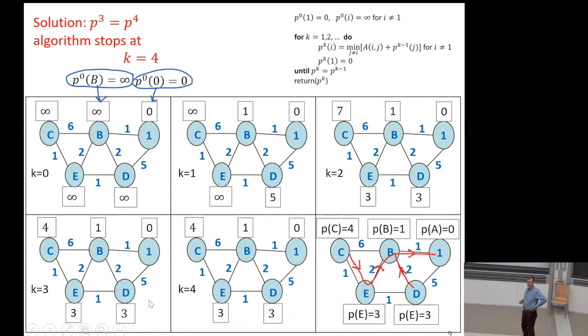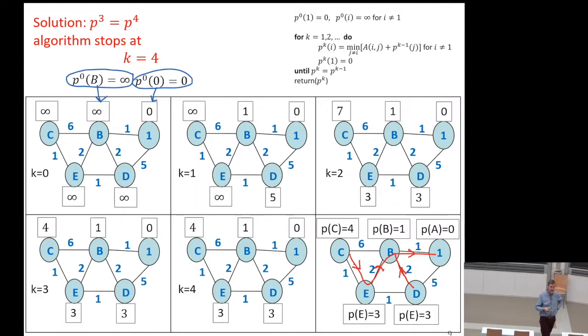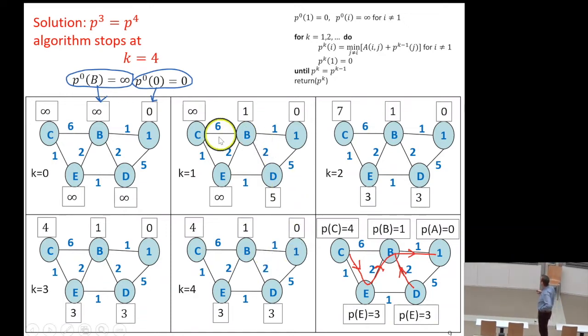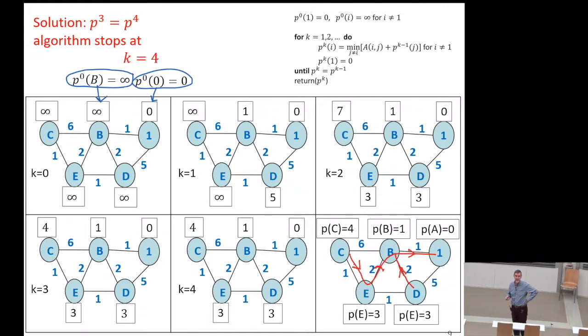We can see a bit more. If we look at the solution here, why did it stop here? Well, we can interpret very simply what happens at every iteration of this algorithm. We can see that at iteration 1, the distances were 1 and 5 for B and D. It is, in fact, the distance if we can go to the destination in one hop.